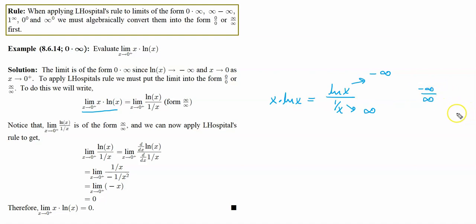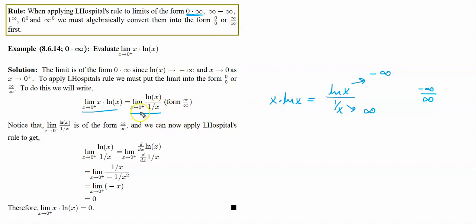So we can apply L'Hopital's rule to this right here. Now you notice in the process of doing this, we've verified that a limit of the form 0 times infinity is equivalent to a limit of the form infinity over infinity. Okay, so that's why this is an indeterminate form, because we can turn it into a limit that looks like either infinity over infinity, or we could have done 0 over 0 as well in this problem.